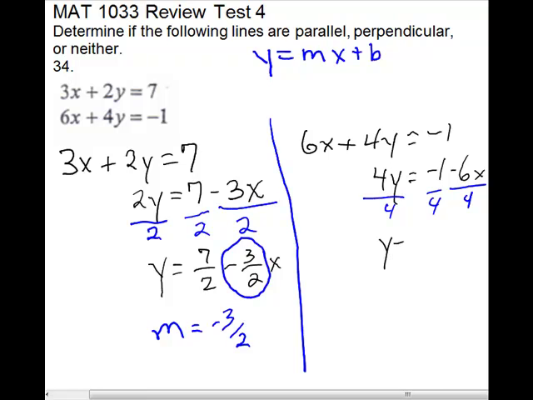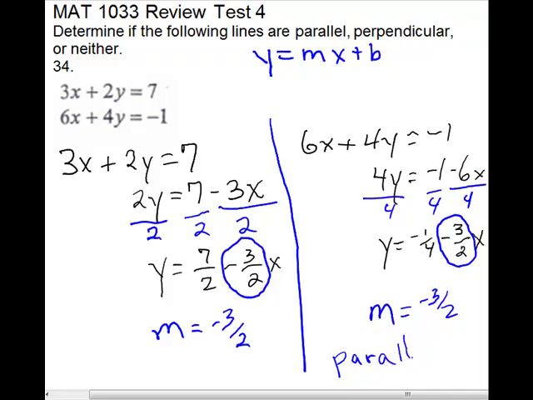So we have y equals negative 1/4 minus 6/4, which will reduce. Those are both even. 2 into 6 will go 3 times. 2 into 4 will go 2. Now we can read off the slope. It is going to be a negative 3/2. So these two lines are parallel because they have the same slope.